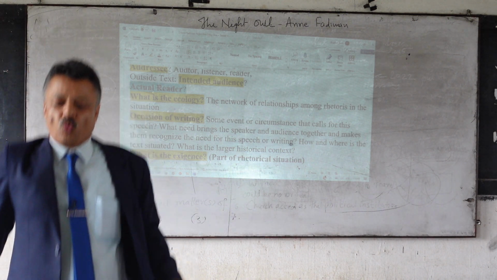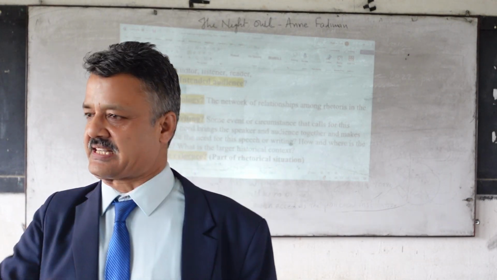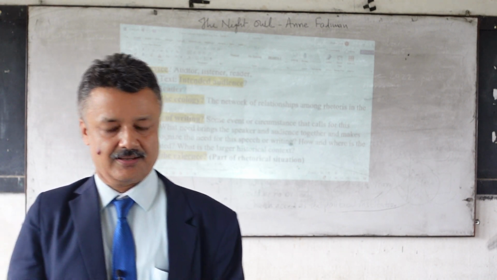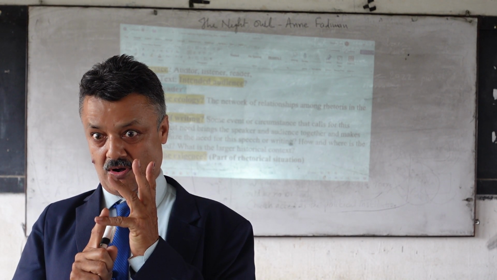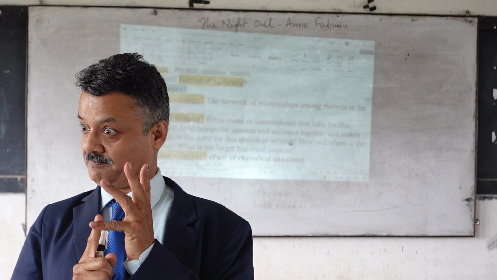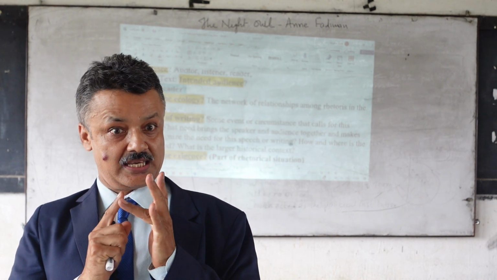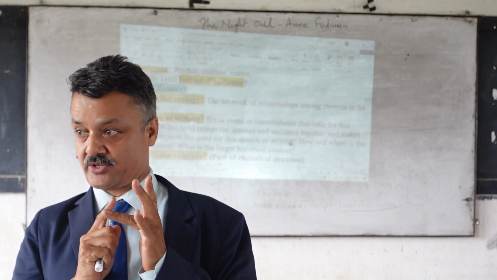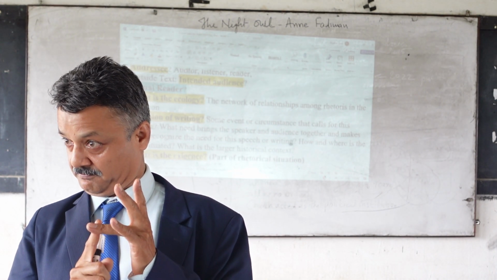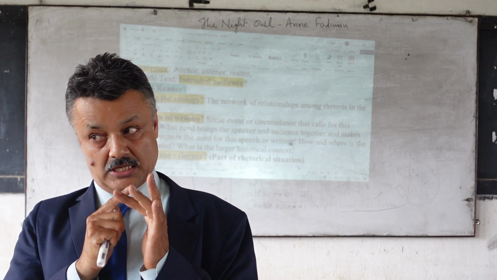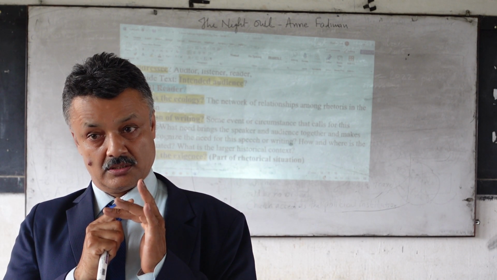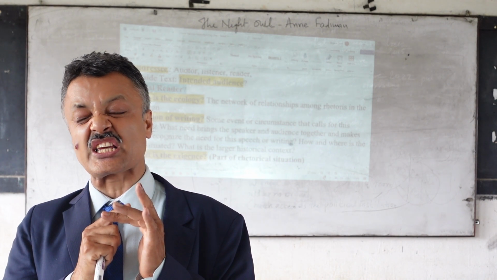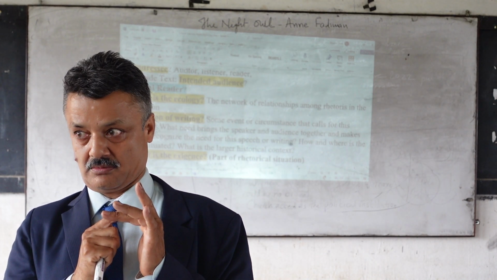Now, what is the ecology of Fadiman's essay? This essay is written for all the males. This essay is written to address all the larks. If you read the essay, you see this essay has more than a dozen scholarly references.